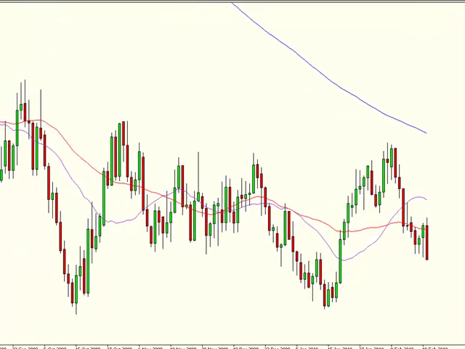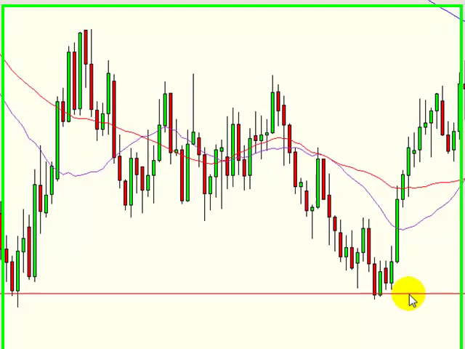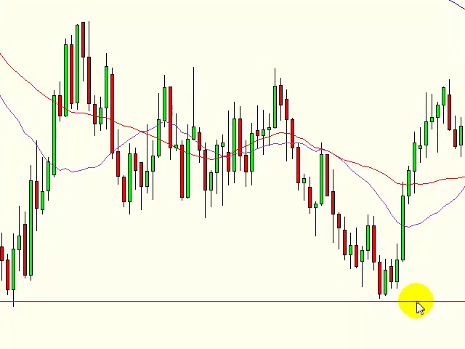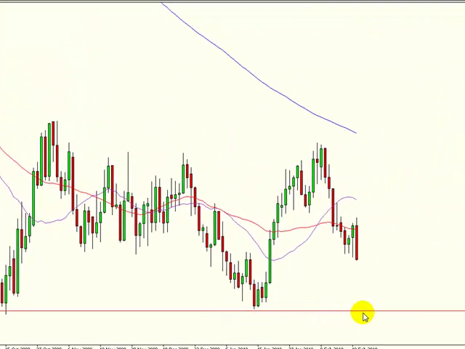We would look for support right around here at the 102 area, and this pair is very much correlated with the price of oil and also the dollar index. So if you're trading the US dollar Canadian, keep your eyes on oil and the dollar index as well to get an idea of the general direction.